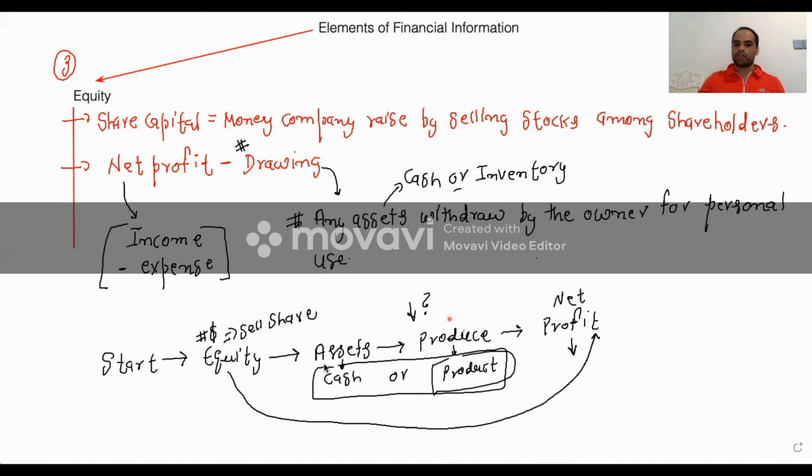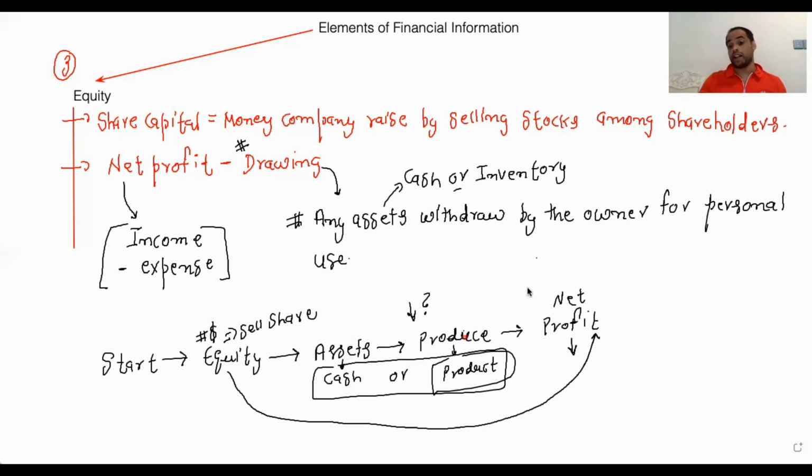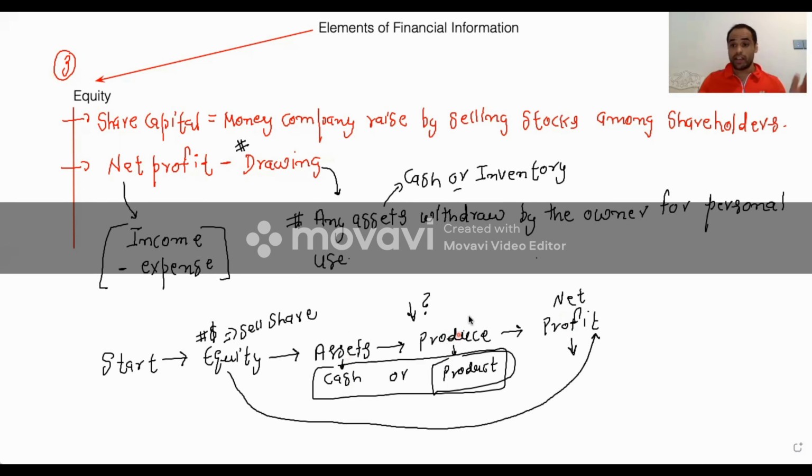If the owner of the company withdraws cash, it means your resources will be reduced. Resources reduced, production reduced, net profit reduced. That's my minus. If the owner withdraws product from the company, production reduces, you will sell less product.